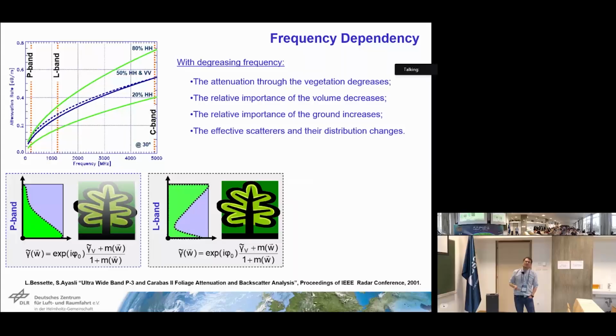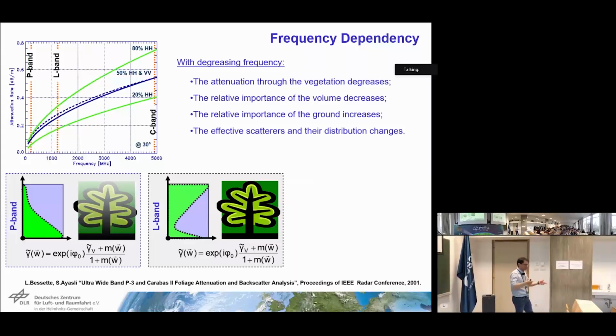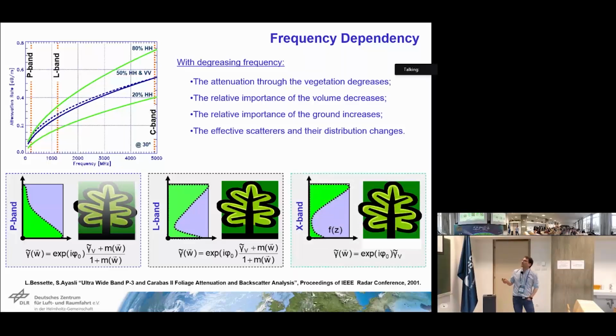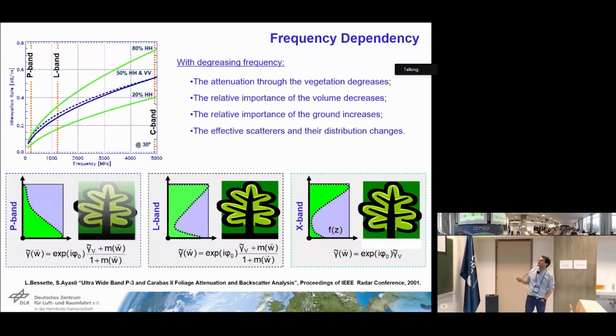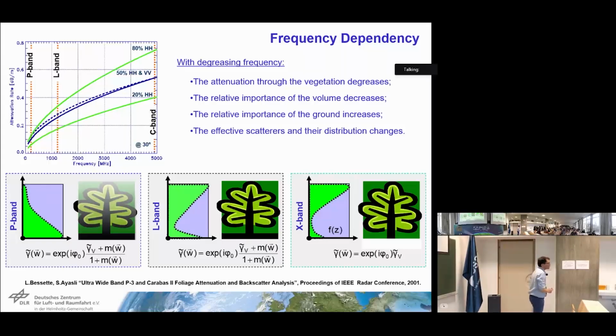But you are sensitive also to these larger elements, so more to the ground and to the larger branches and so on. And then if you go to X-band, you have the opposite situation. This we commented on before. Maybe you don't have a lot of ground here, so at these points this modeling is fine, but then you become sensitive also to these very small vegetation elements.